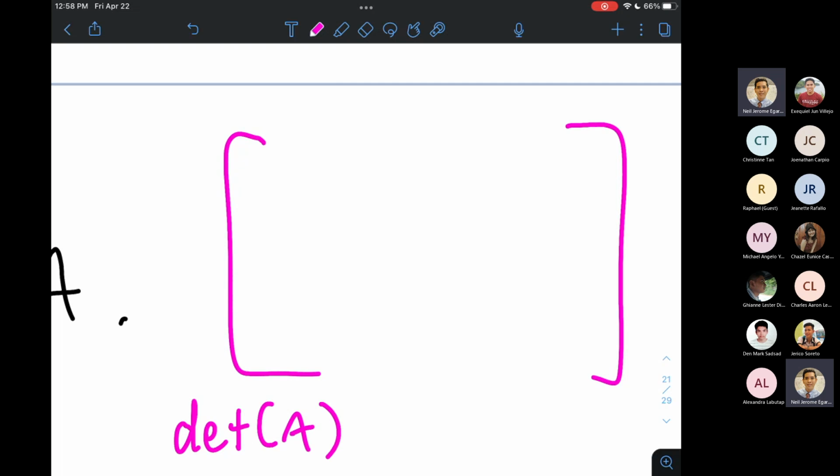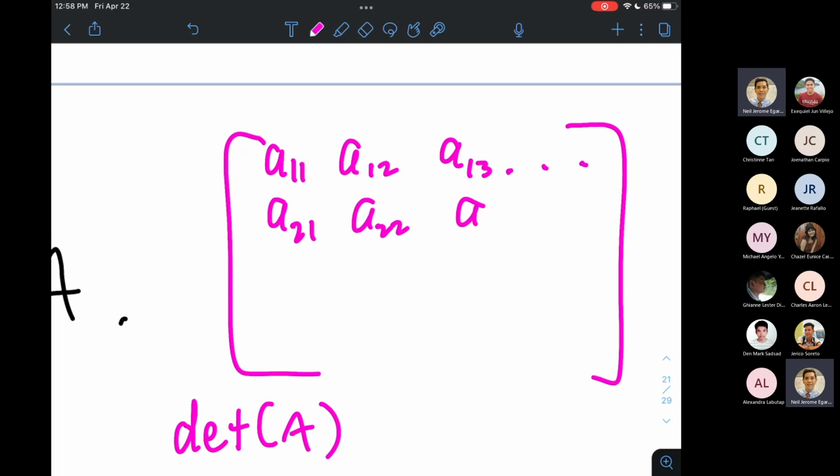I think that yung kanyang syntax, ano? So kung meron kang matrix A11, A12, A13 and so on, A21, A22, A23, A31, A32, A33 and so on.